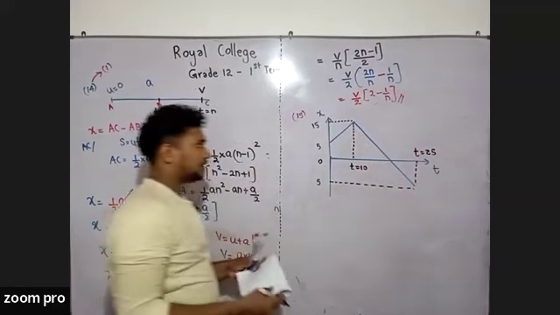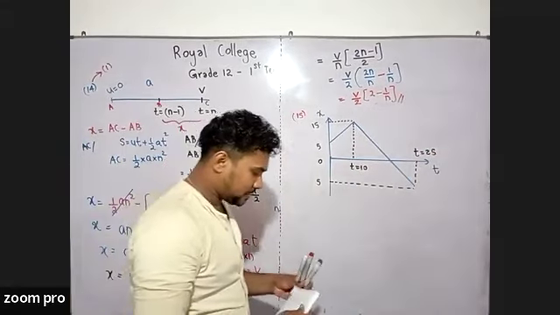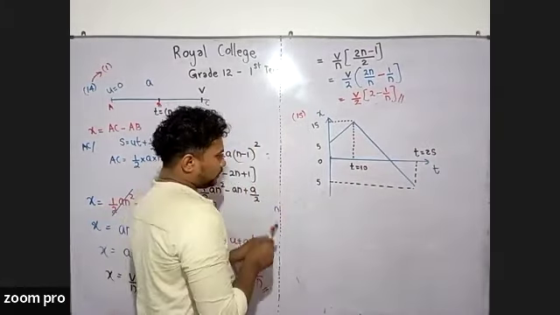Right, so this is the given graph, and let's clarify this graph. Guys, according to this graph, this motion should be.